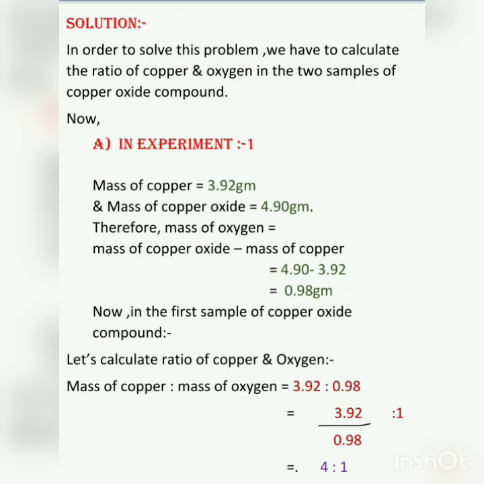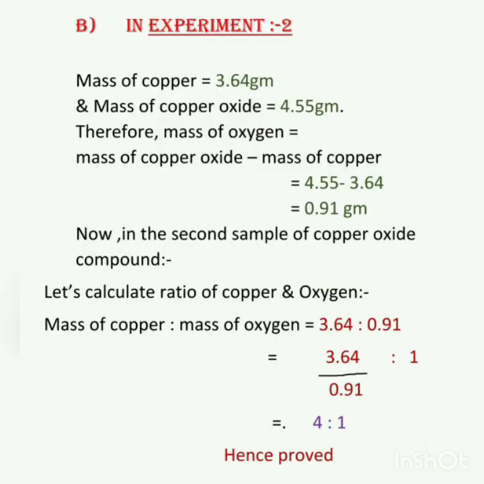Now it's time to take out the ratio of the masses of copper and oxygen. So here we are having the solution, and finally we have got 4:1 as the ratio of mass of copper and the mass of oxygen. In the same way, we have to show in the experiment number 2 that the ratio of masses of copper and oxygen will be 4:1.